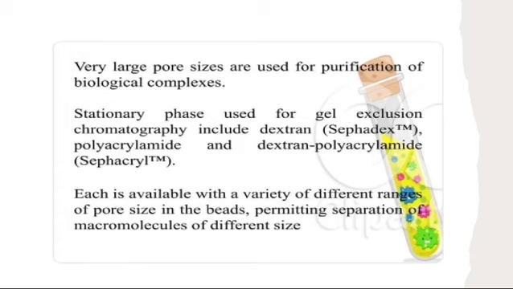Very large pore sizes are used for purification of biological complexes. Stationary phases used for gel exclusion chromatography include dextran and polyacrylamide. Each is available with a variety of different ranges of pore size in the beads, permitting separation of macromolecules of different size.